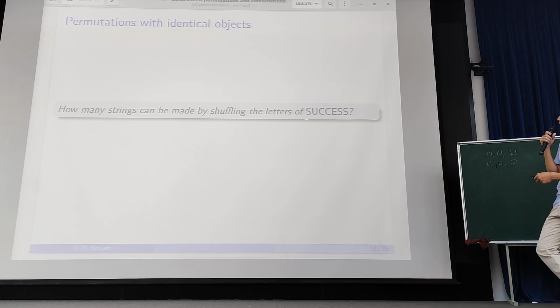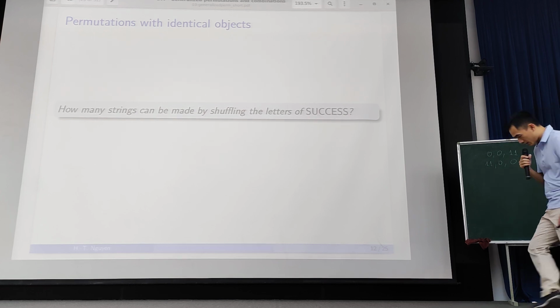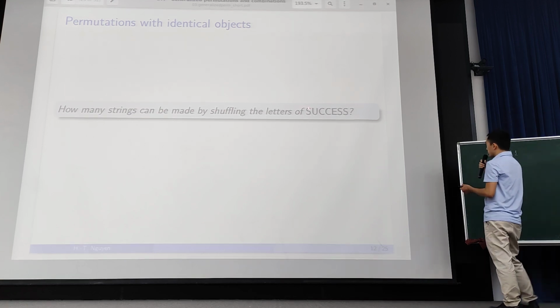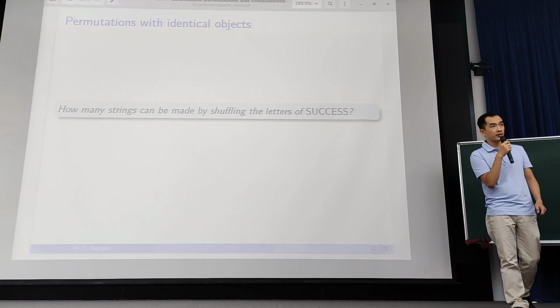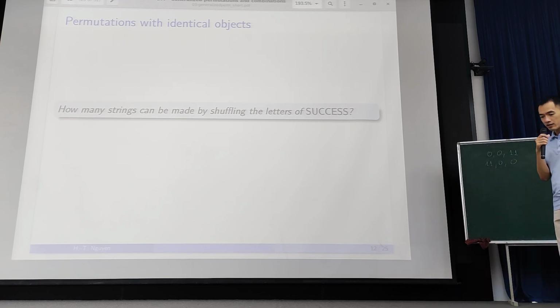So here, since you know exactly the number of places, first we count the number of letters. So we have 7 places. You can rephrase the question: you have seven empty places, and you want to put in those 7 places 3 S's, 2 C's, 1 U and 1 E. How many ways are there?